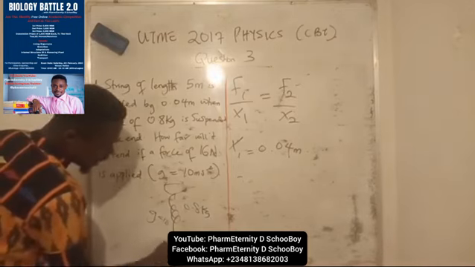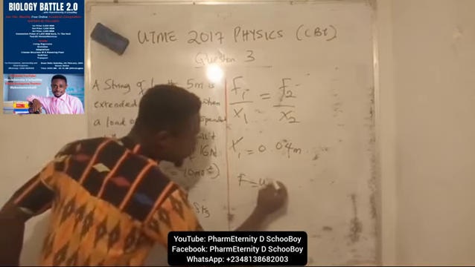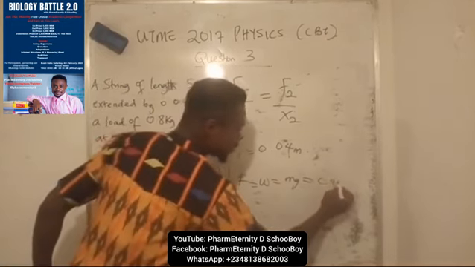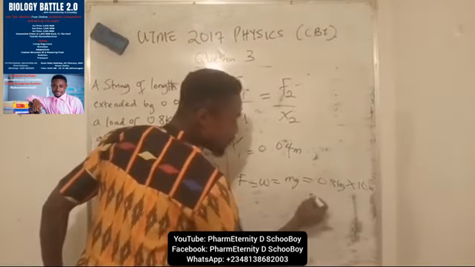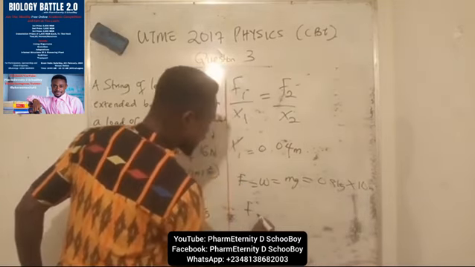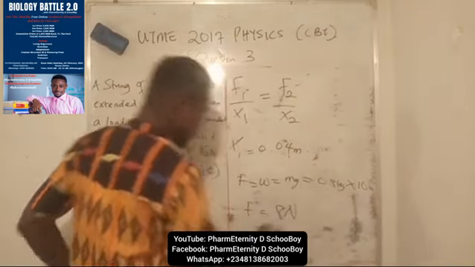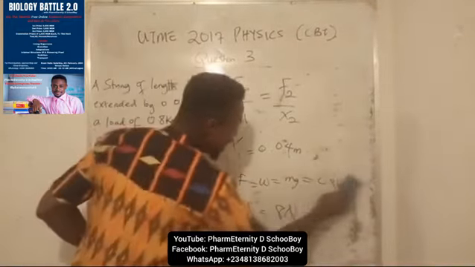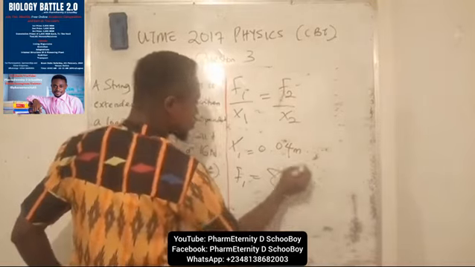So the force here is the weight, which is mg, which is 0.8 kilogram times acceleration due to gravity, 10 meter per second squared. This F is equal to 8 Newton. So F1 here is 8 Newton.